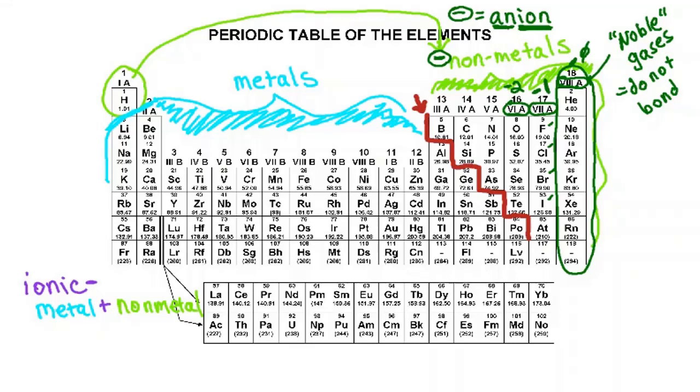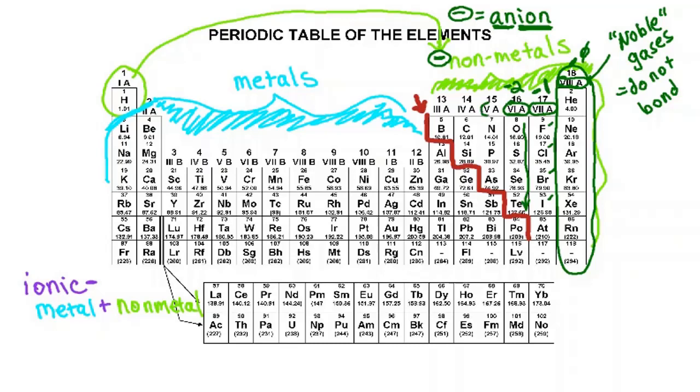Now back to this column with oxygen in it. This is column 6A, and 6 minus 8 from the noble gases is a -2. So these are going to have a -2 charge. Everything in this column is going to have a -2 charge.